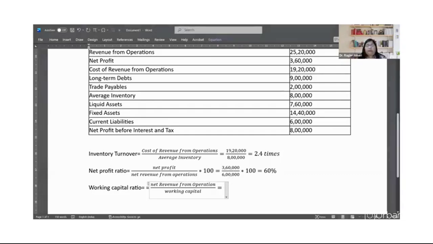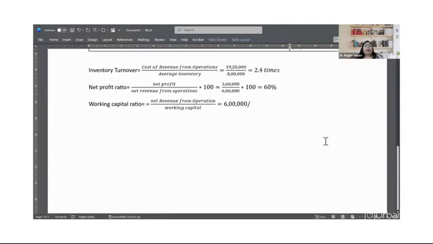So we write this: 6 lakh divided by, now, as I said, working capital is current assets minus current liabilities. So let's see how much current asset we have. We have current liabilities as 6 lakhs, and current asset is how much?